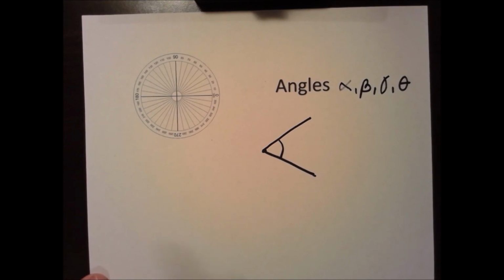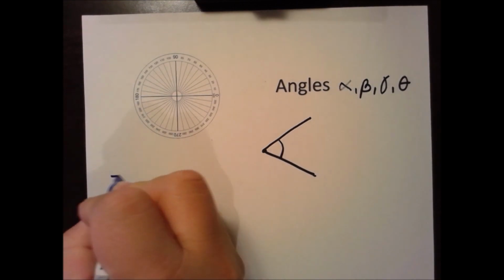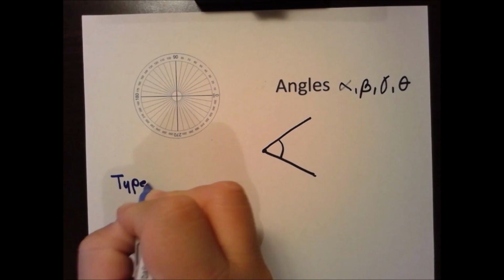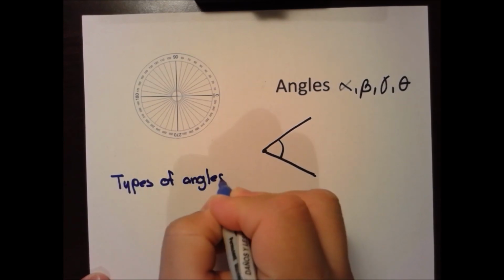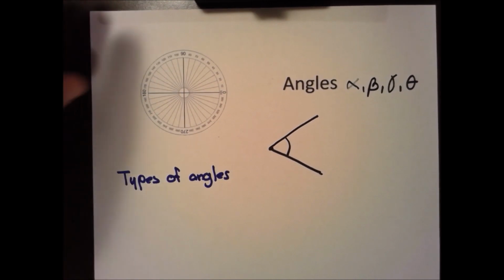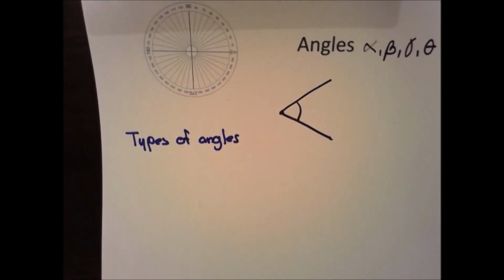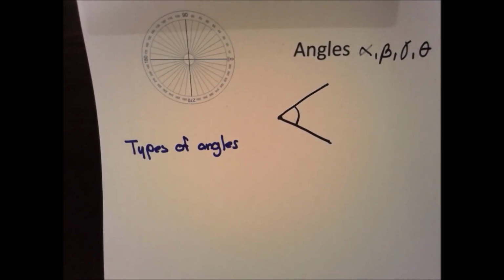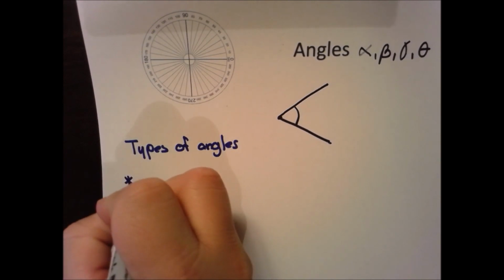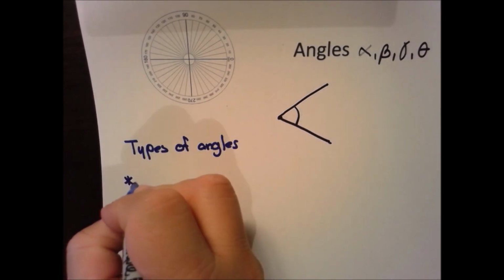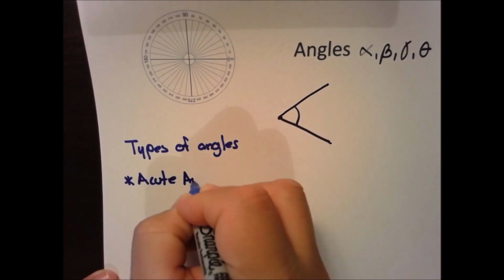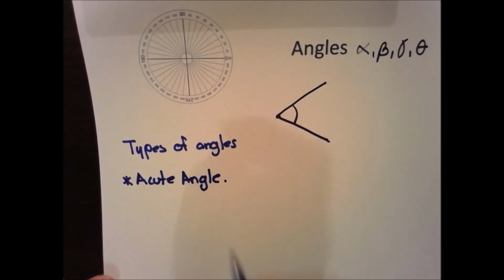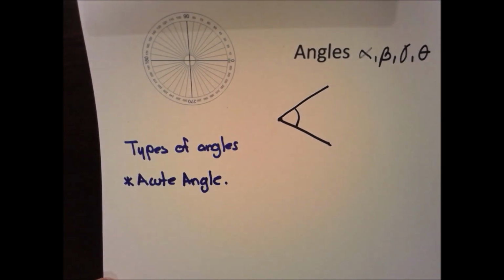Now we are going to see the types of angles. The classification of the angles depends on the opening that they have. First of all, we're going to talk about the acute angle. For example, this is an acute angle.